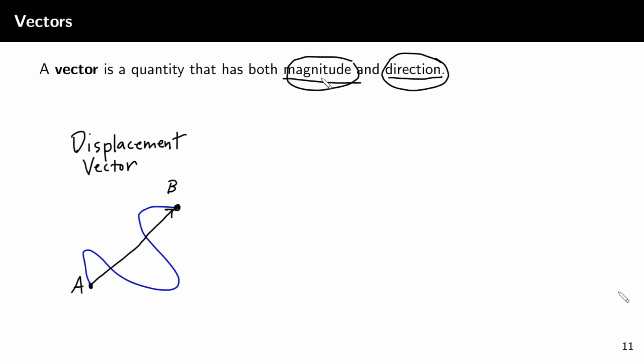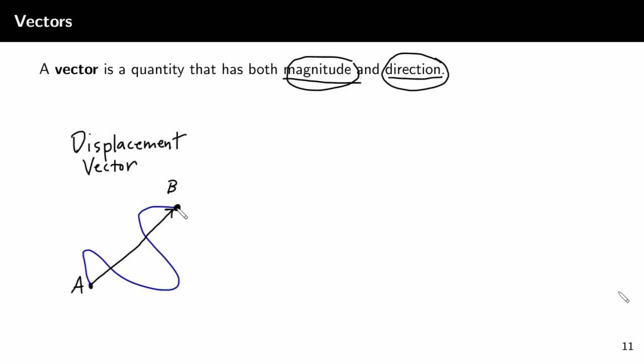So yung magnitude ng vector na to will be the distance that you traveled. So that will be the distance between A and B, not necessarily the actual distance that you covered to get from point A to B. So meron tayong magnitude, which is the distance from A to B, and then meron tayong direction.